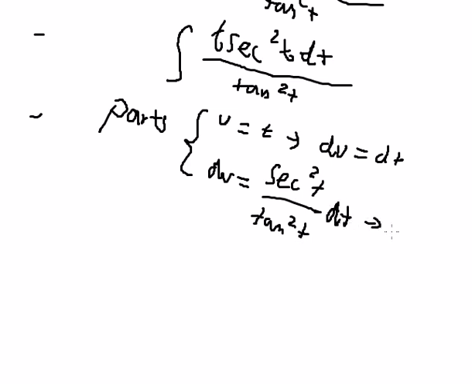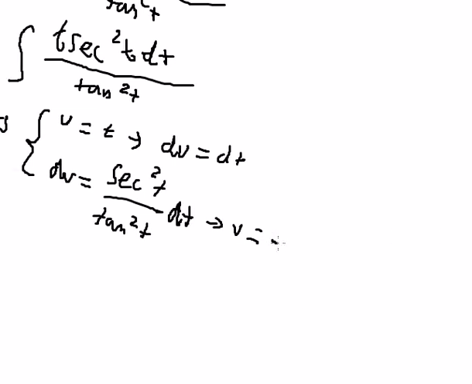So this one you get v equals negative 1 over tan t.